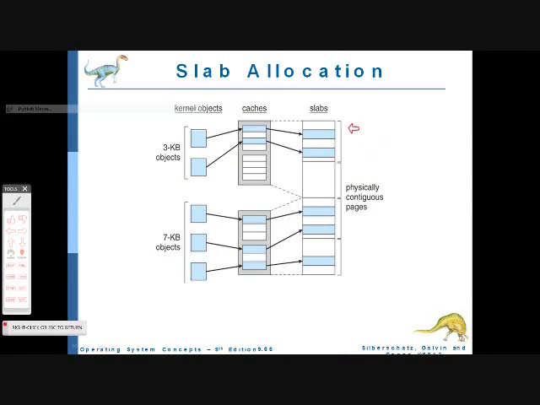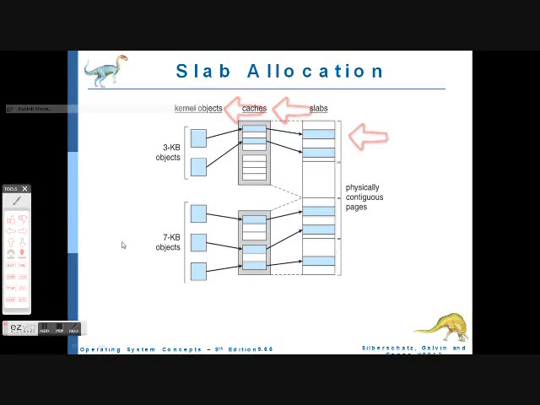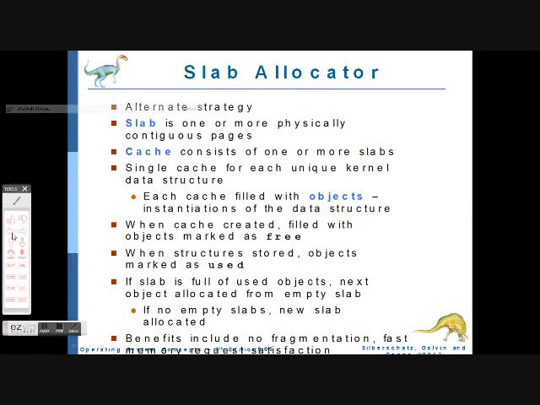A slab is actually combined in order to produce caches. And one slab is where a kernel object resides. So if we move to the previous slide, let's discuss this one by one. A slab is one or more physically contiguous pages.